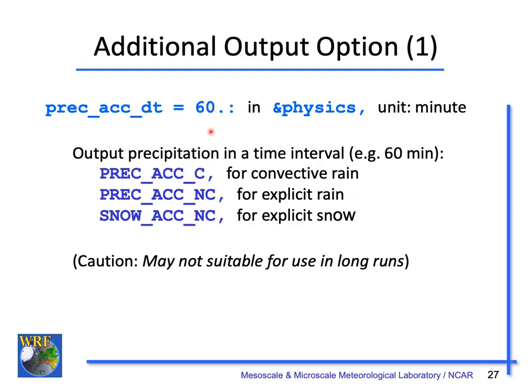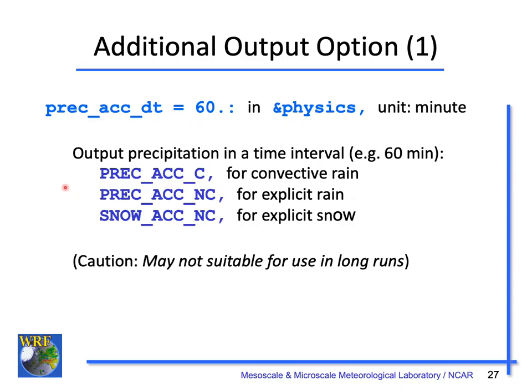Hence, sometimes it is convenient to output these variables in a time interval. The interval is set by namelist variable PREC_ACC_DT, and the time unit is minutes. This is also the variable to activate this option.